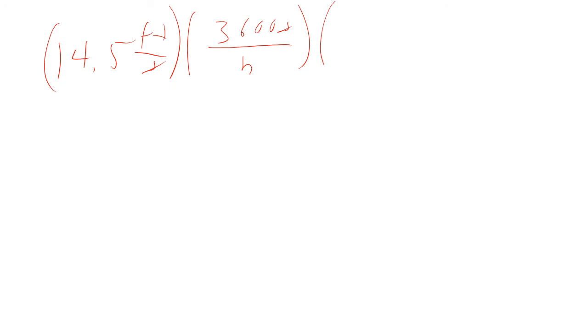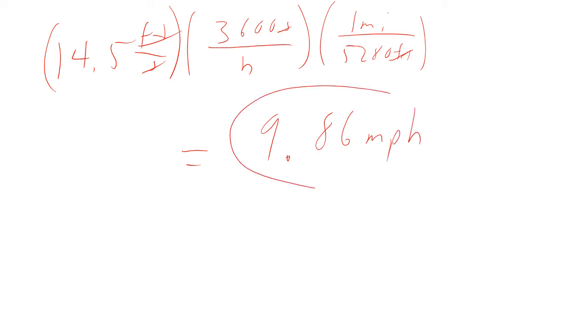And we know that 1 mile equals 5,280 feet, so that cancels feet, and so the answer comes out in miles per hour, and that comes out to be 9.86 miles per hour. Okay, so that's how fast you have to go around that curve so that that particular passenger is not uncomfortable.